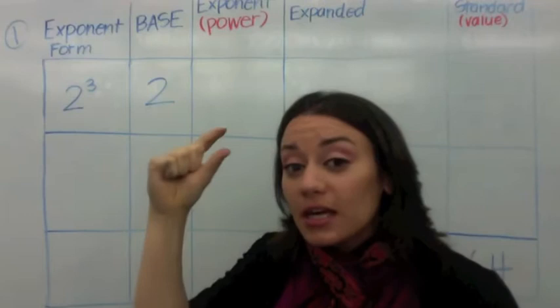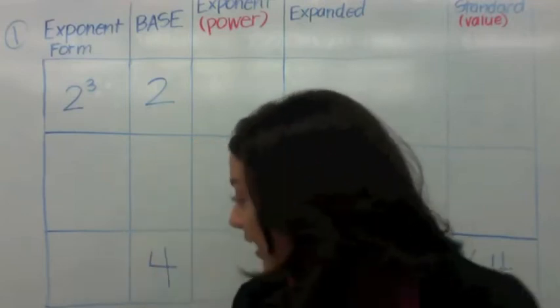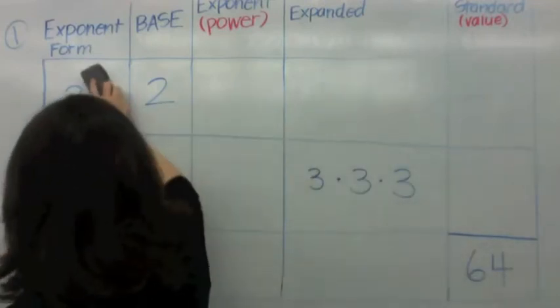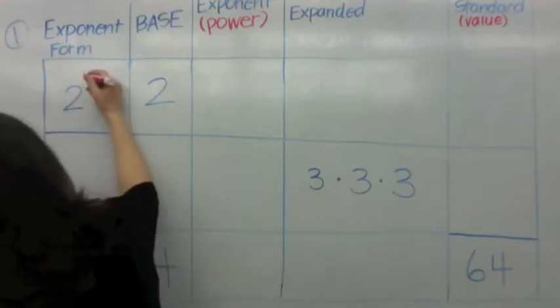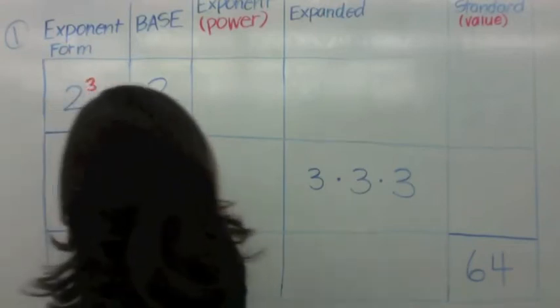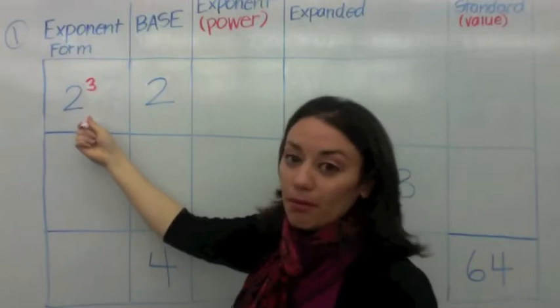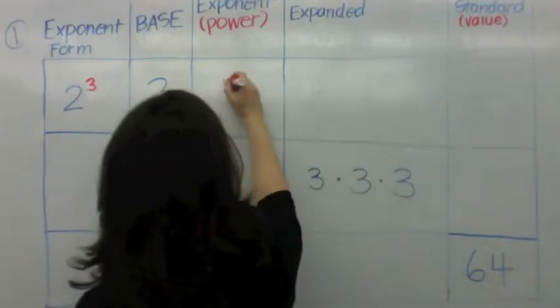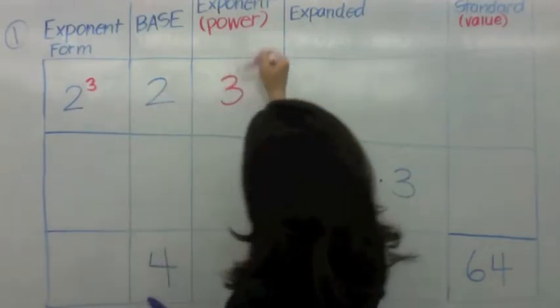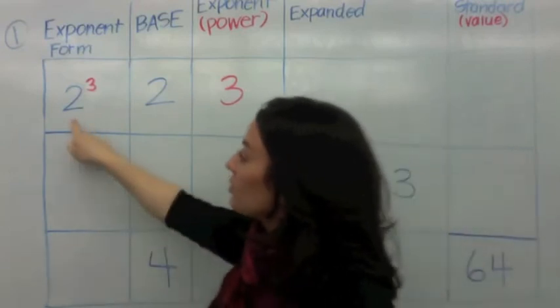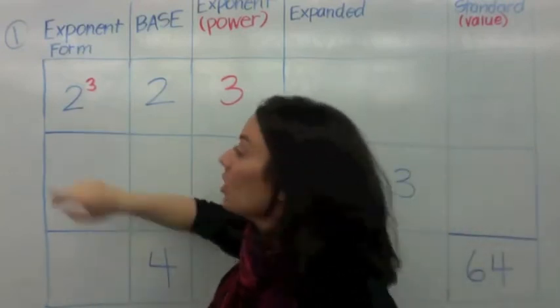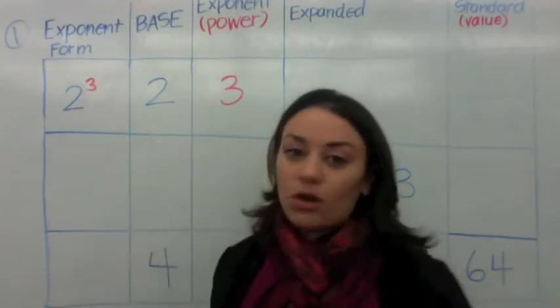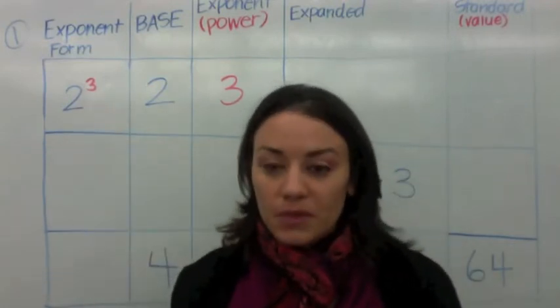The exponent is the little number, right? So I'm going to make this in red. What is the exponent in this problem? It's 3, okay? So because this is a power, we call this 2 to the power of 3. Repeat, 2 to the power of 3, or 2 cubed.